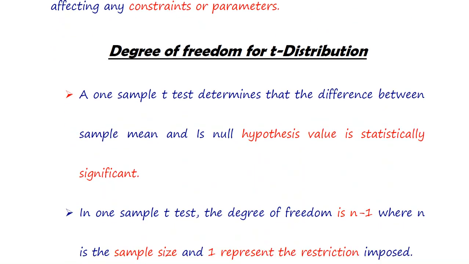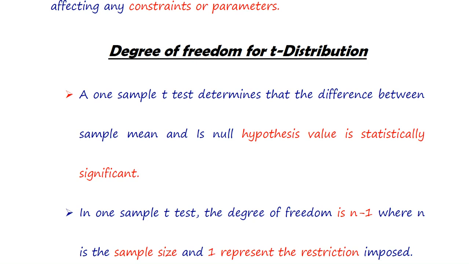Now we discuss degree of freedom for the t distribution. Here I take an example from a one sample t test, in which the null hypothesis is statistically significant or insignificant. That is our task.